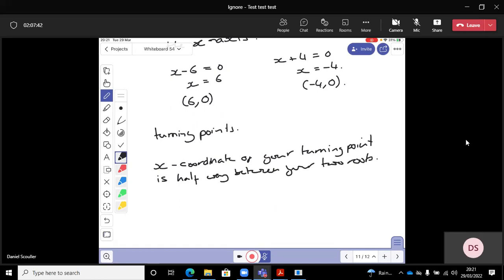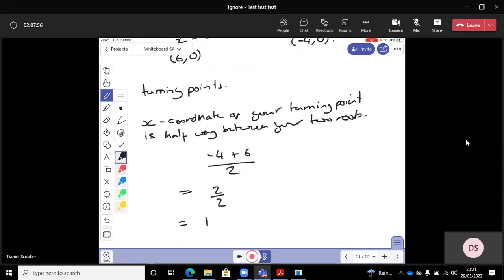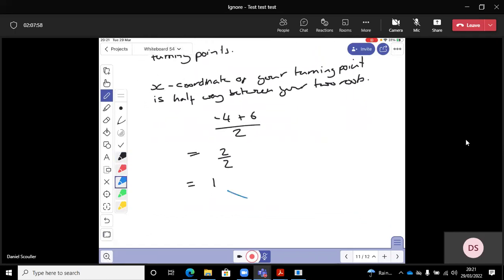You find that by adding them together and dividing it by 2. So the x coordinate of your turning point is 1.